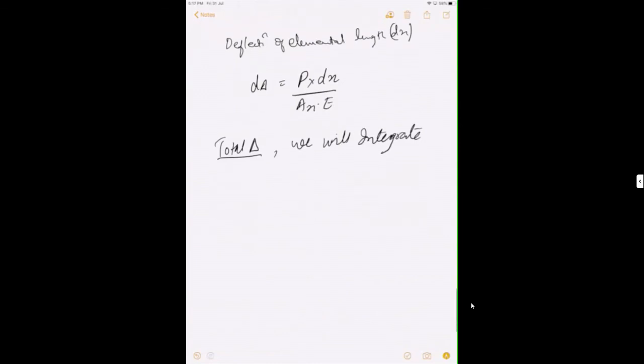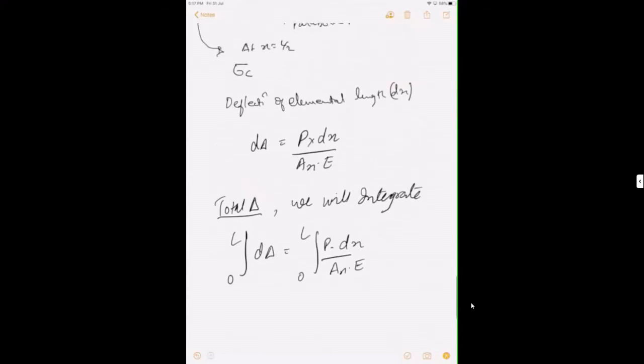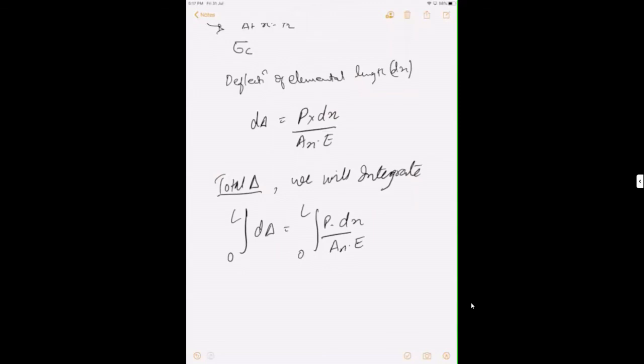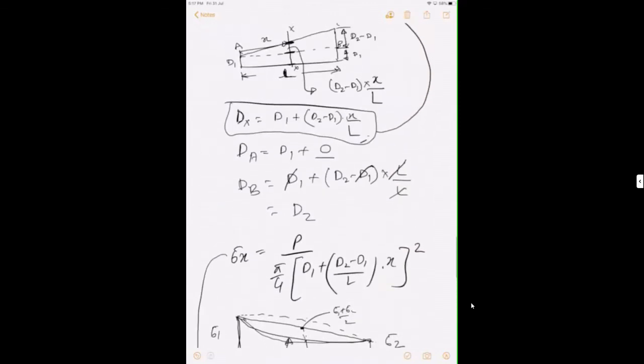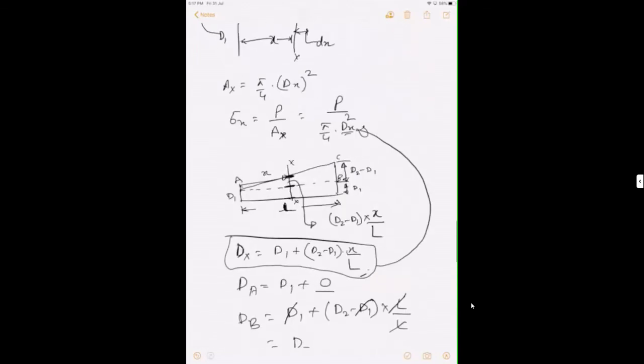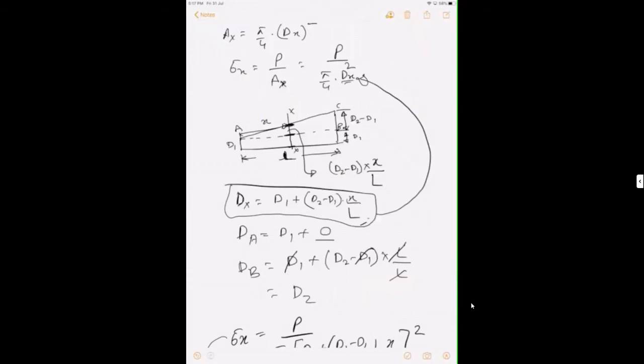We are integrating from 0 to L: d delta is equal to the integral from 0 to L of P into dx upon Ax into E. Now you know the force P, it is given to you already, and Ax we have calculated from this equation, pi by 4 dx square, and for dx you have to substitute this dx.